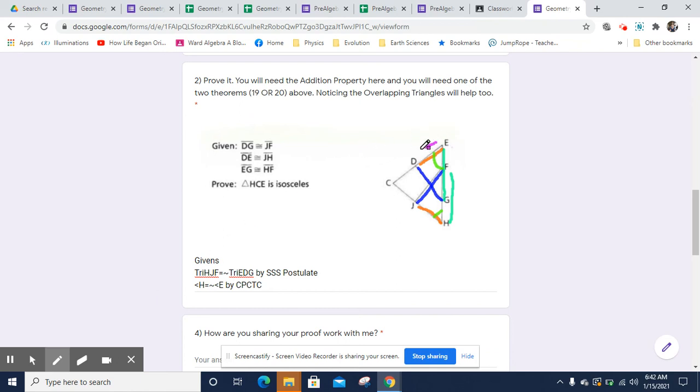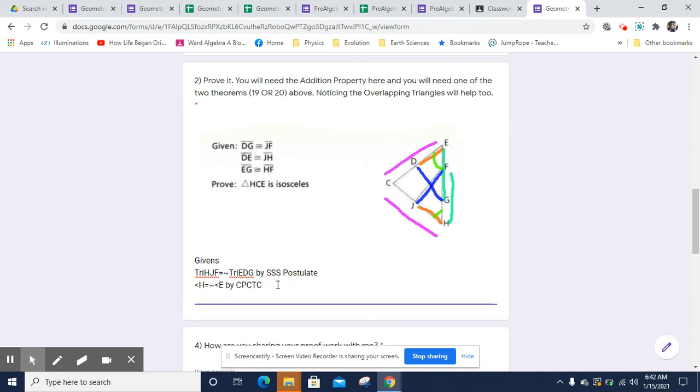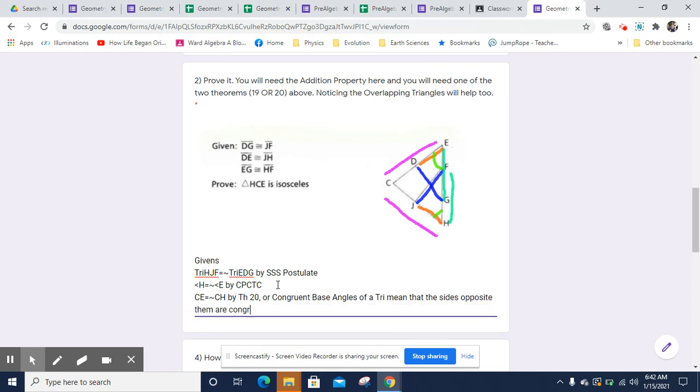We'll be able to prove that this side, CE, is congruent to CH by Theorem 20: congruent base angles of a triangle mean that the sides opposite them are congruent.